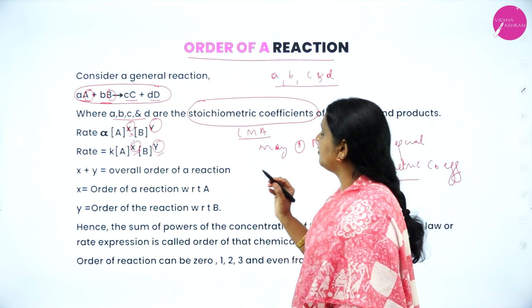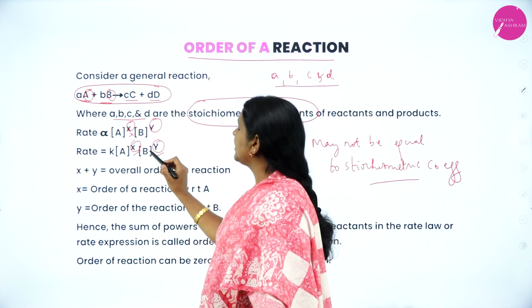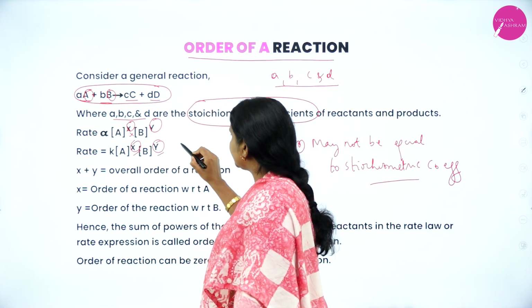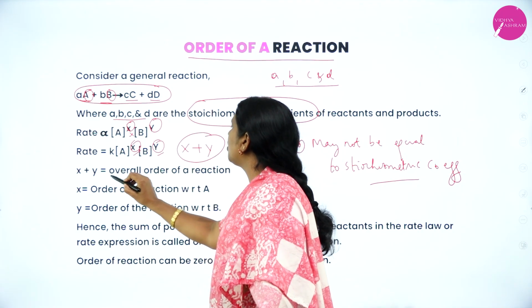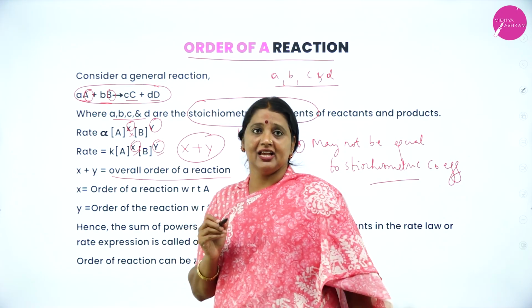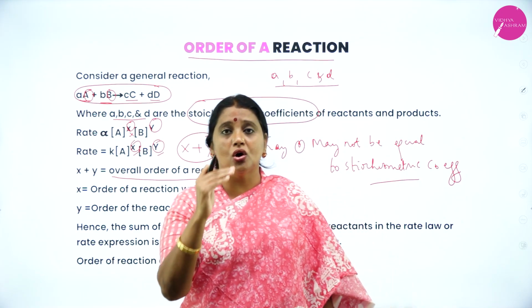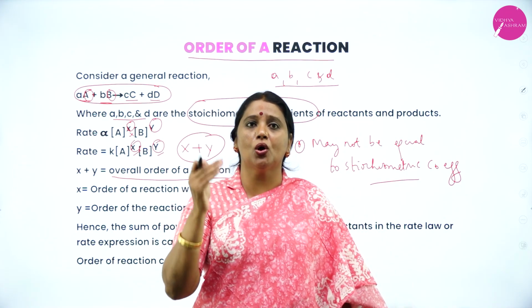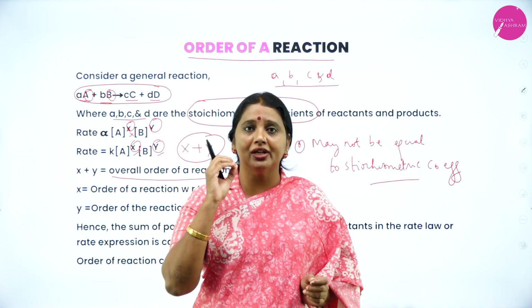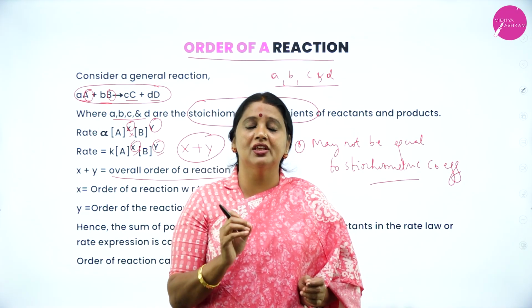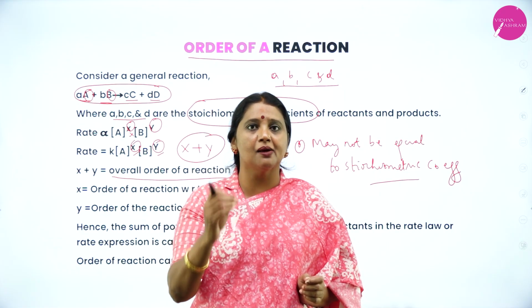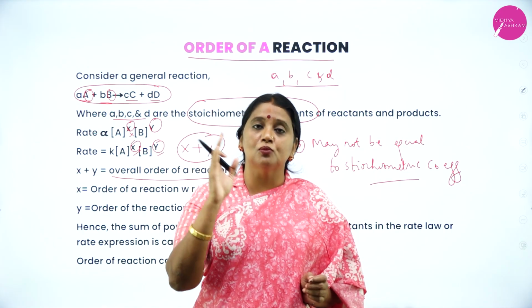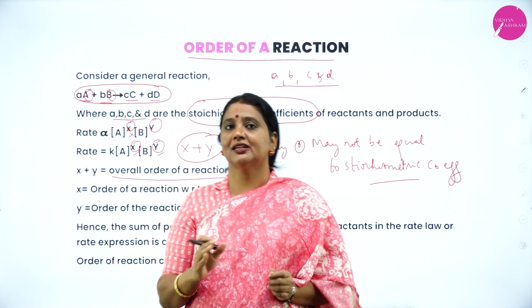So I will write x and y. When I add the powers, that is x plus y, it is the overall order of the reaction. Therefore, to get the order of a reaction, you should add the powers of the molar concentrations of the reactants.